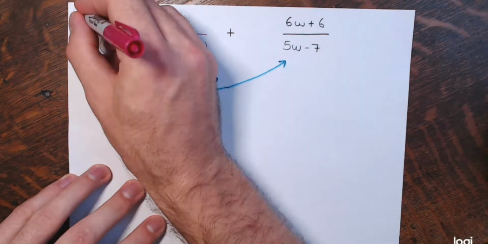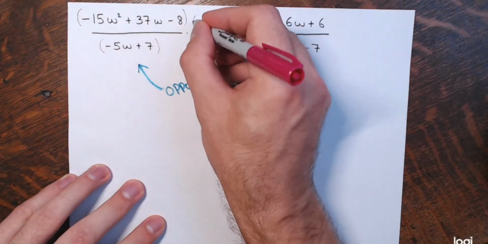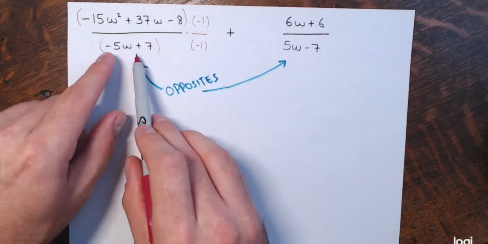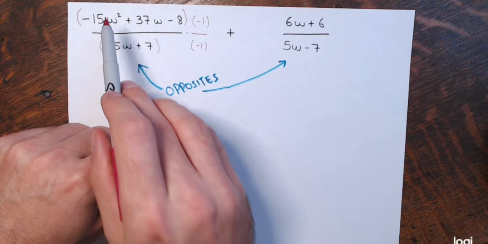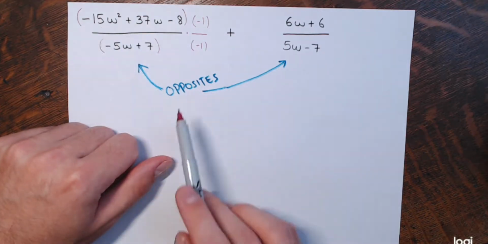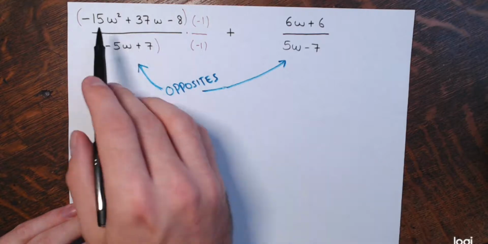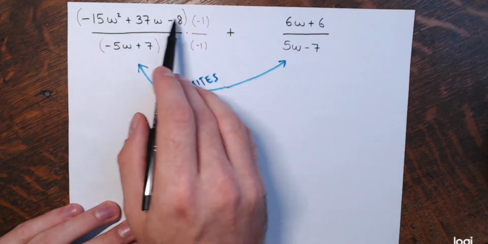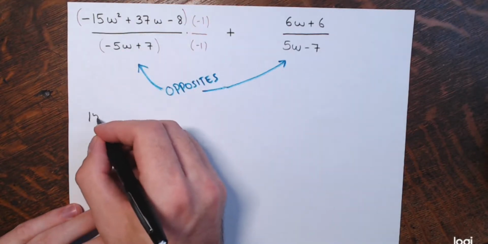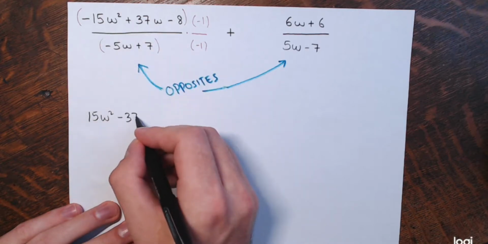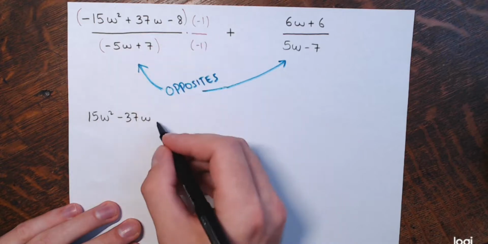You must also multiply the entire numerator of that same fraction by the same number. So I multiply the denominator by -1, and I also multiply the numerator by -1. And that should give me what I want to start adding. I need to have the fractions with the same denominator. So this fraction here, when I multiply every term of the numerator by -1, I'll have positive 15w squared minus 37w, and then plus 8.